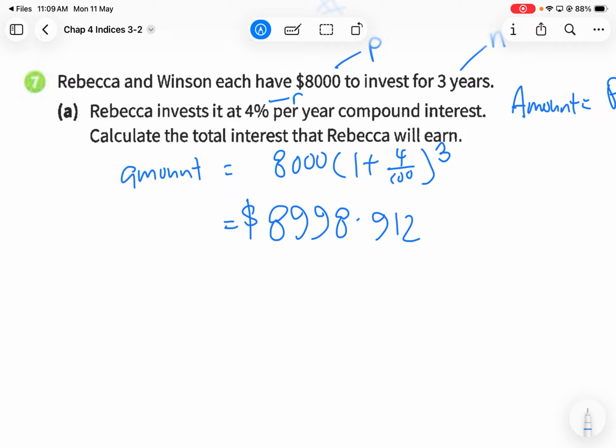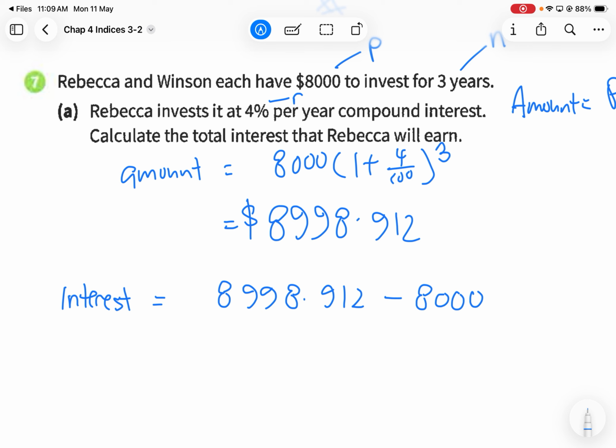So if I only want the interest, then I must take this amount and then minus away the principal, minus away the original. The increase is the interest.